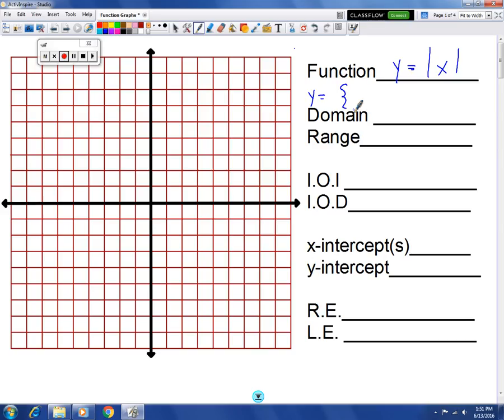The absolute value of x function would equal the graph of positive x for x greater than or equal to 0. And then for less than 0, it is the graph of negative x for x less than 0.